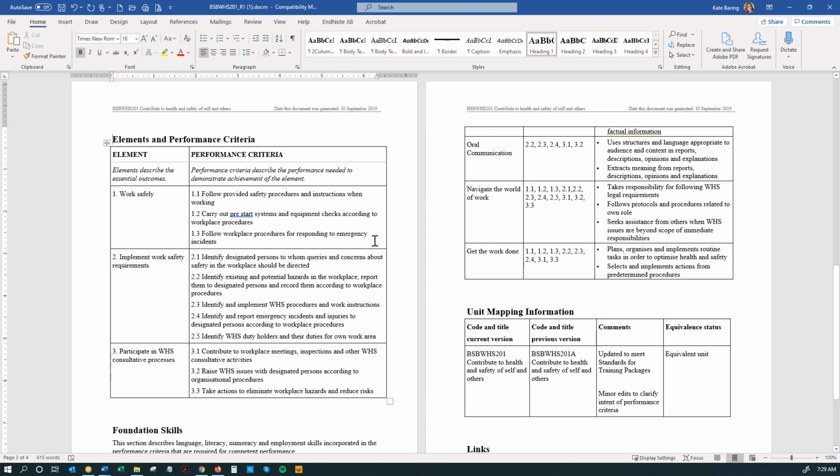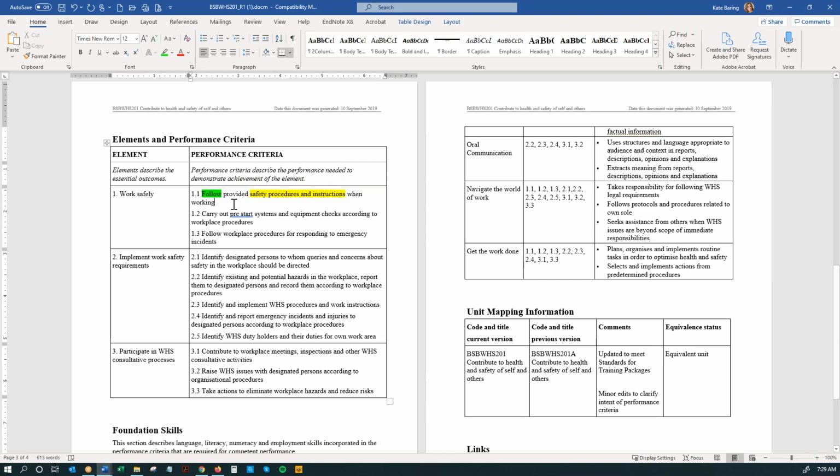If we think about what the knowledge is within that statement, you can't follow something if you don't know what it is. So I'm going to highlight safety procedures and instructions as the knowledge, and then the actual doing of it would be the following of it.